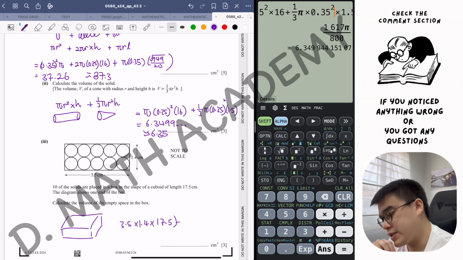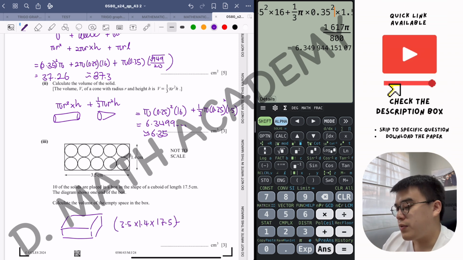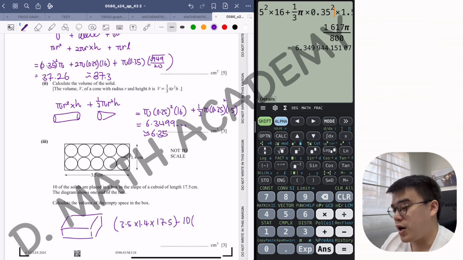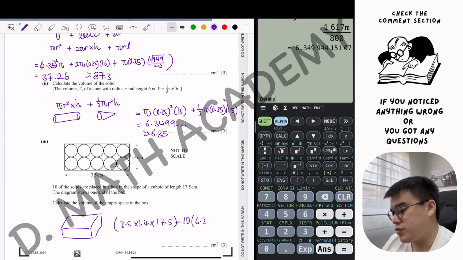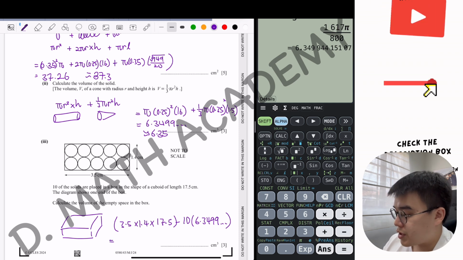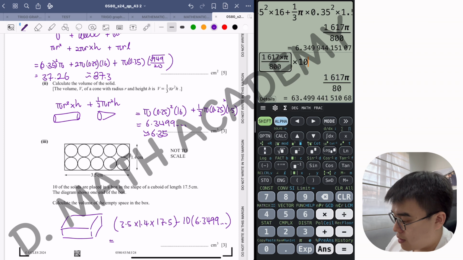And then we minus it by how many pencils that we have. The pencils that we have, 10 of them, with the answer of what we have up here, which is 6.3499 and so on. So I'm going to use this answer that I have here and multiply it by 10.